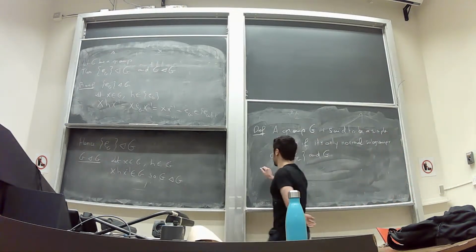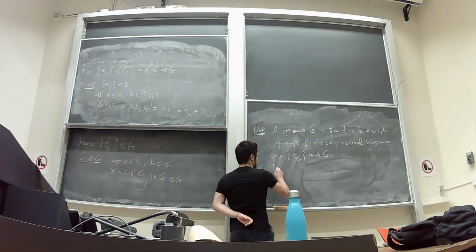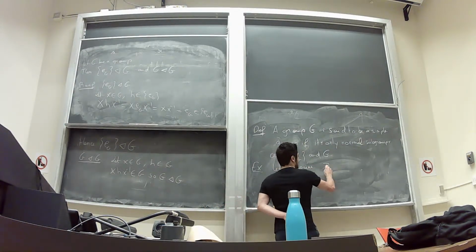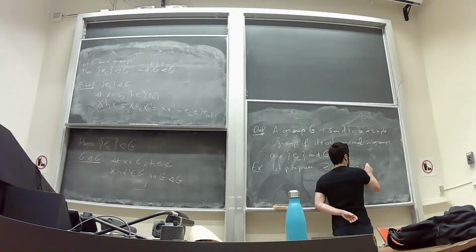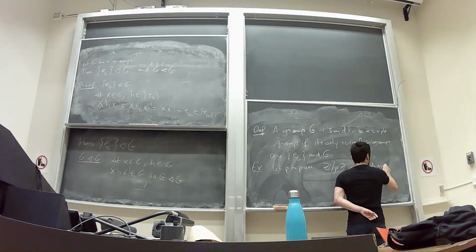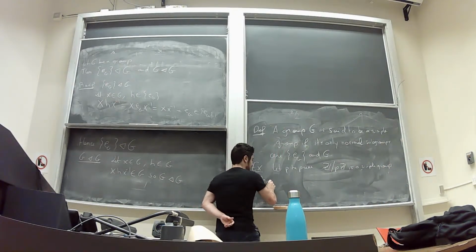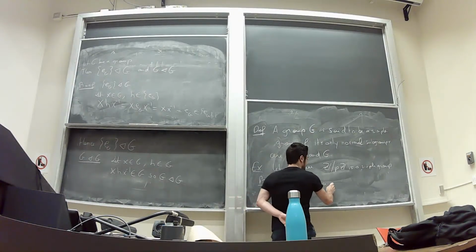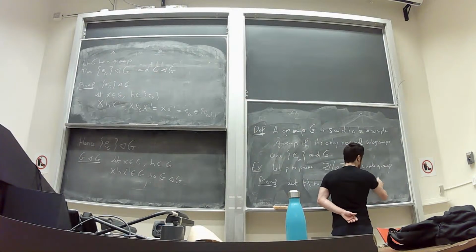Example. Let me keep p prime. Z mod pZ is a simple group. Let's prove that. Let H be a subgroup of Z mod pZ.